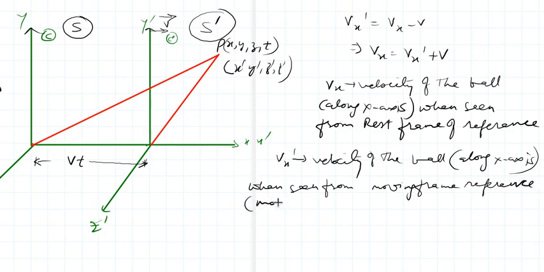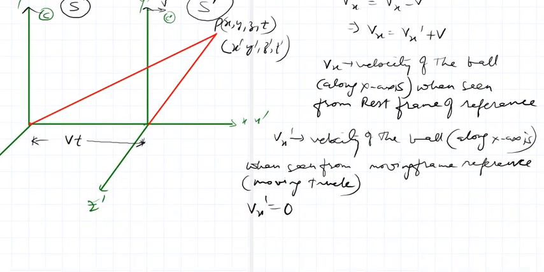When we are looking at it from the moving track, Vx prime seems to be 0, because it is at rest along the x-axis. That means if the S prime frame of reference is moving with velocity v, then Vx is equal to 0 plus v, so it is equal to v. This is the velocity with which the ball is moving for the stationary frame of reference.